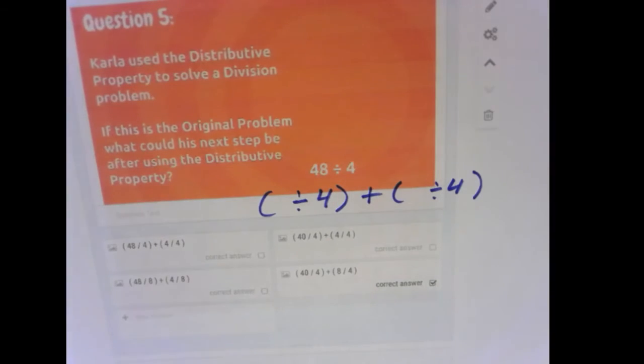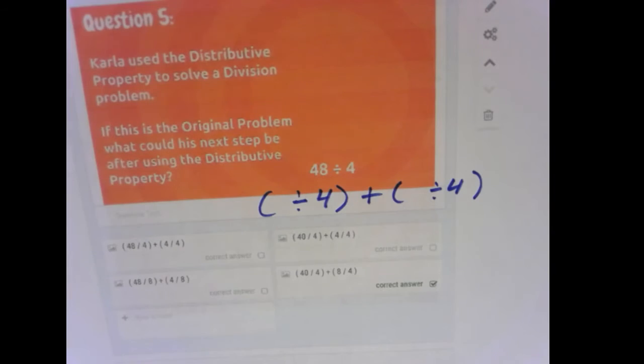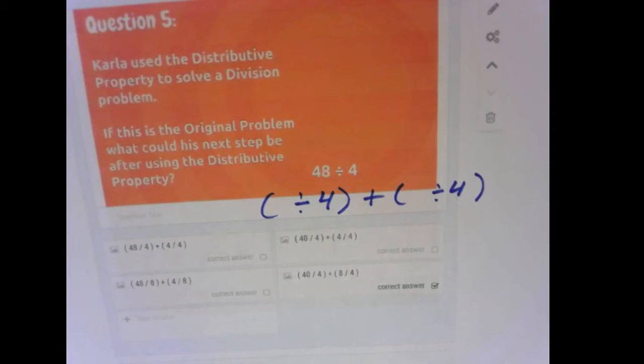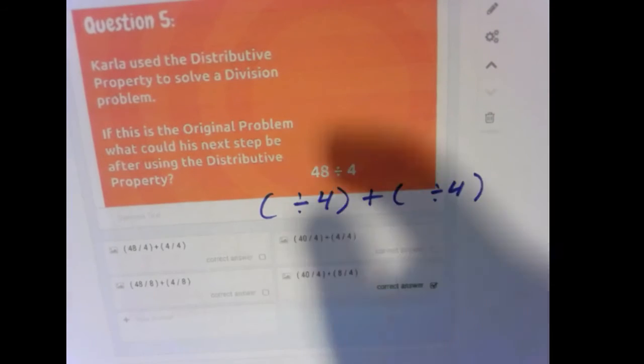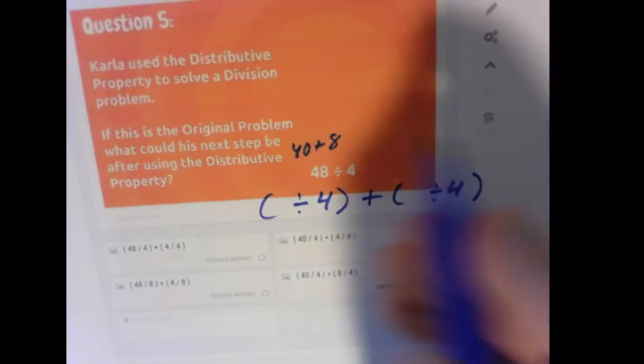Now what two numbers would add to 48 that would make this into two smaller problems that would be a little bit easier for mental math? I know you could probably do this in your head as well. What do you think? What about 40 plus 8? Would 40 plus 8 make 48?